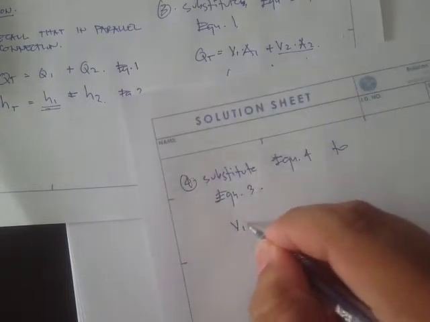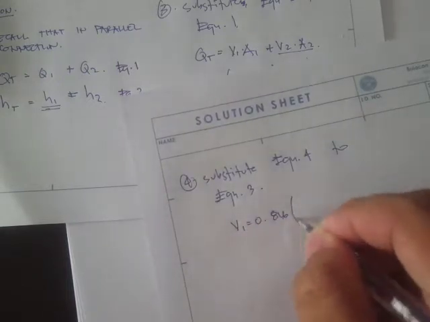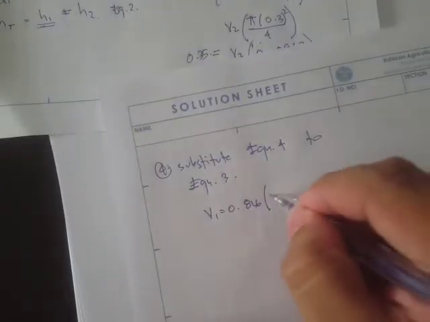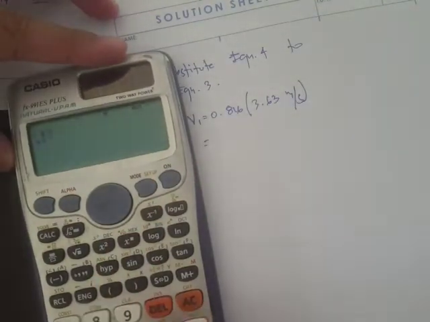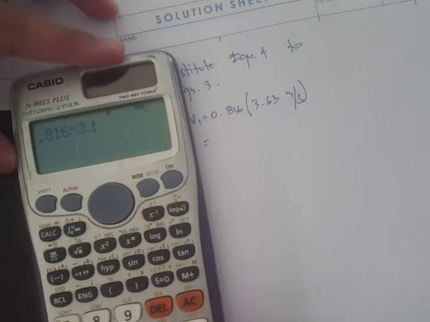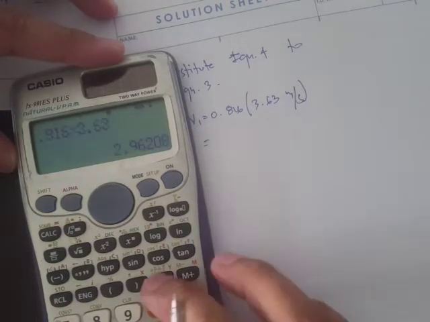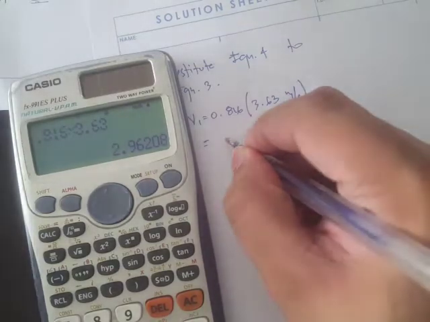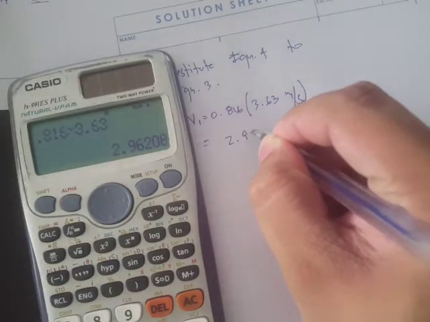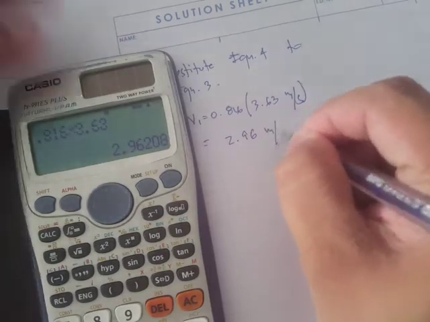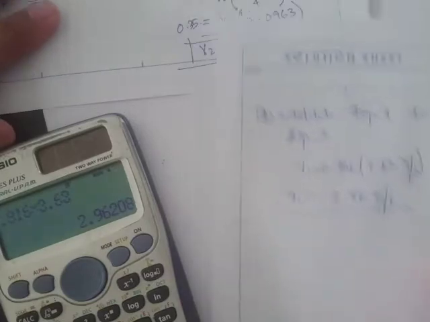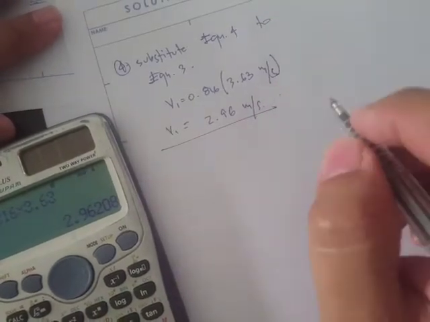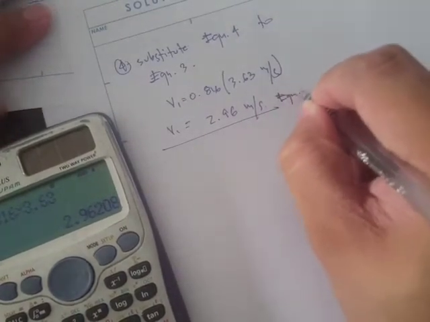Therefore, v sub 1 is equal to 0.816 times the velocity 3.63 meters per second. 0.816 times 3.63, that's 2.96 meters per second. And now let's write this as our equation 5. This is our equation 5.